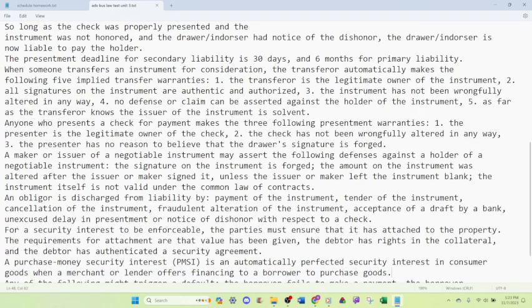So long as the check was properly presented and the instrument was not honored, and the drawer or endorser had notice of the dishonor, the drawer or endorser is now liable to pay the holder.